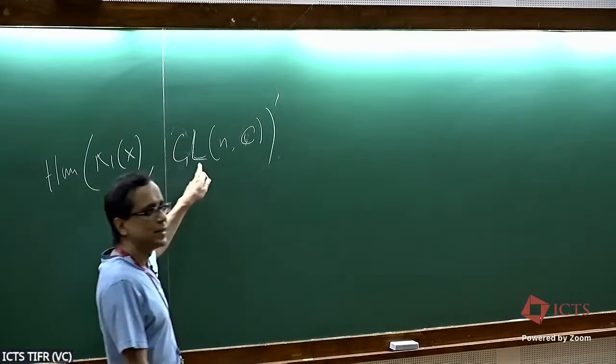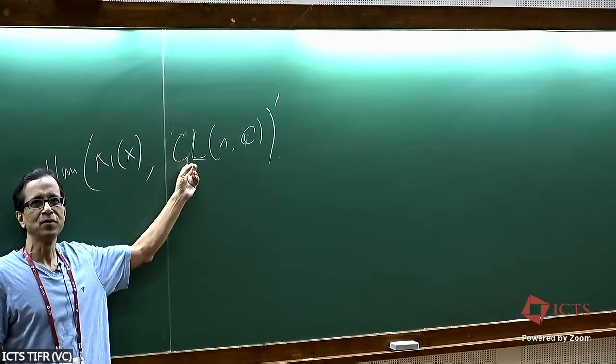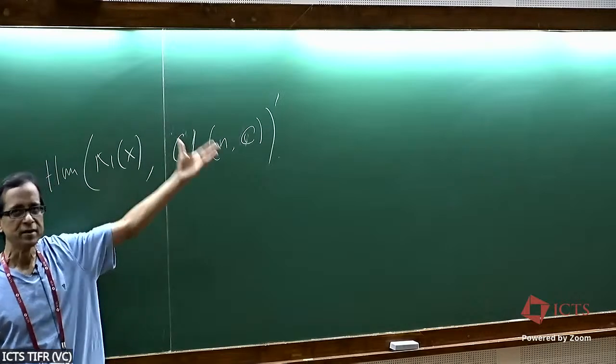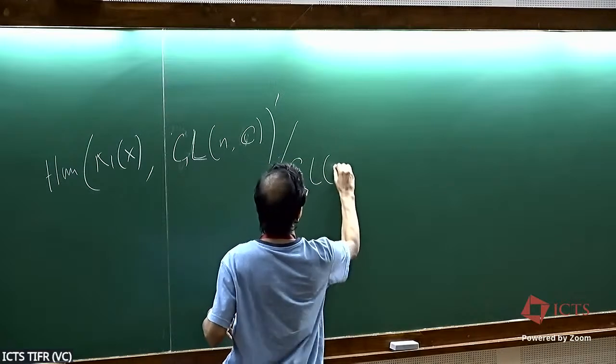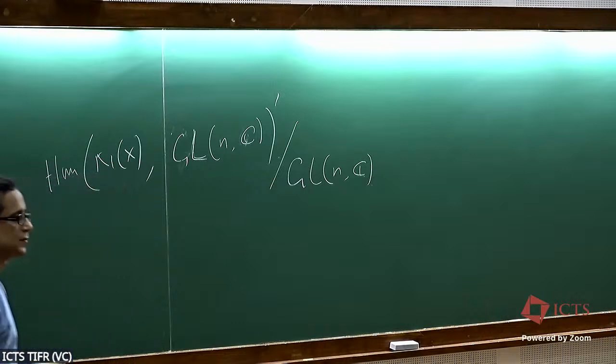And now GL_N(C) acts on the space of representations, because GL_N(C) acts on itself by conjugation. So it acts on homomorphisms with the same action. So I have this space.